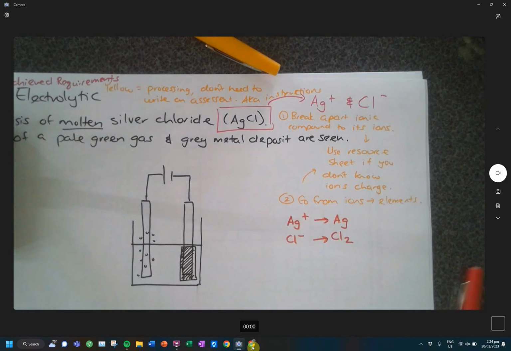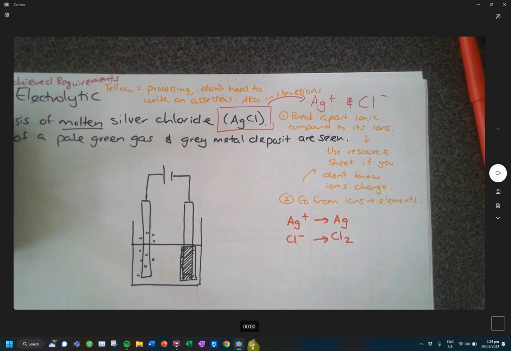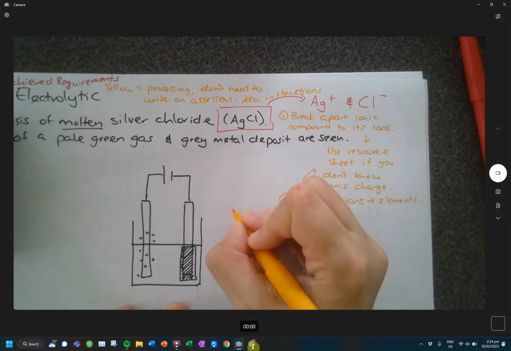Are we good so far? Yeah? All right, now what we are thinking about is oxidation and reduction and trying to assign the 2. Whichever is my cation is going to get reduced.